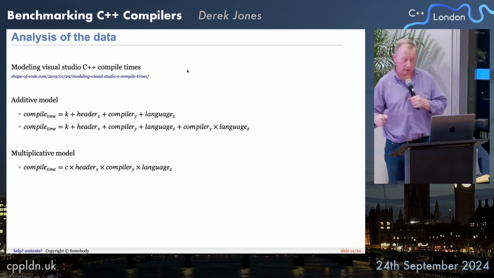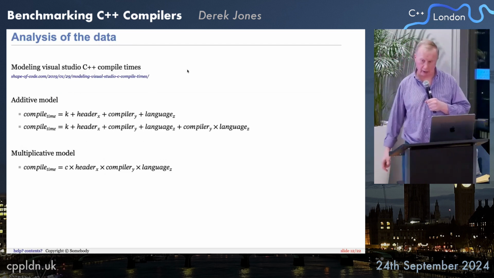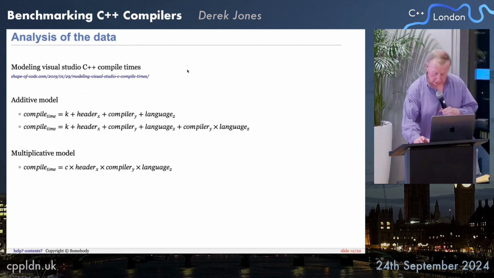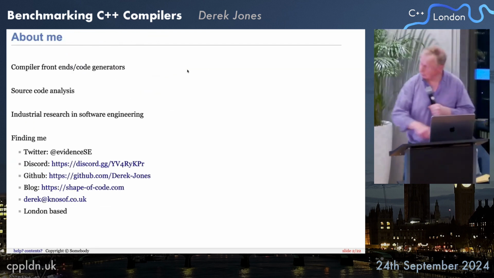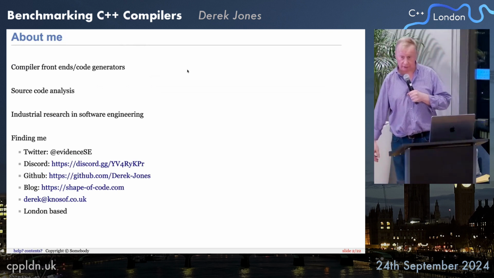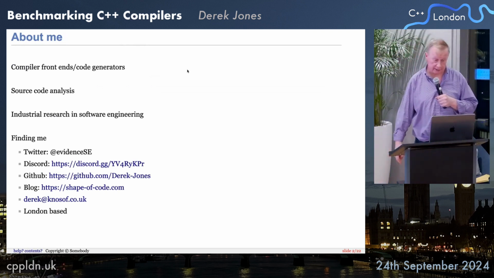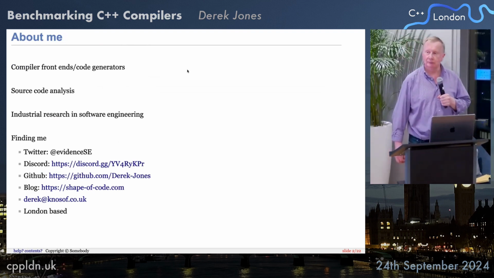So it's exactly the same. It just so happens this data is about compiling. And so if you go and search for this wonderful blog, Shape of Code, there are posts on measuring the execution time of compilers and analyzing them. Thank you. Okay, thank you.